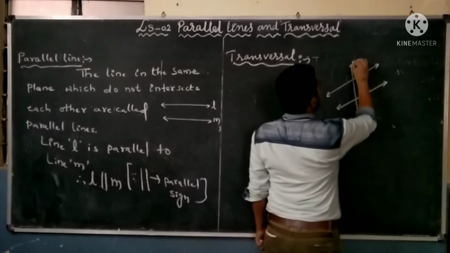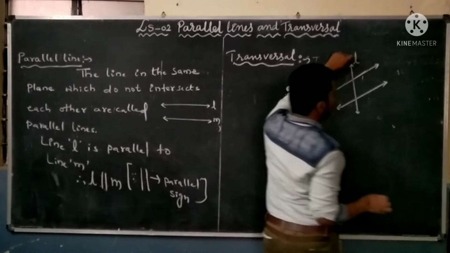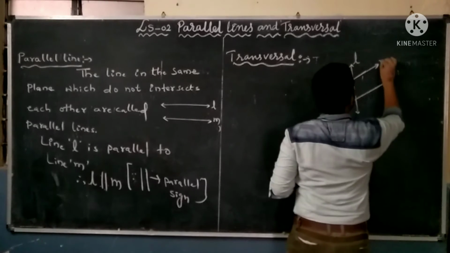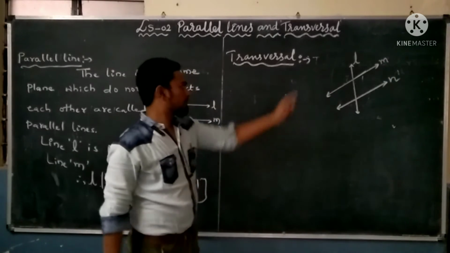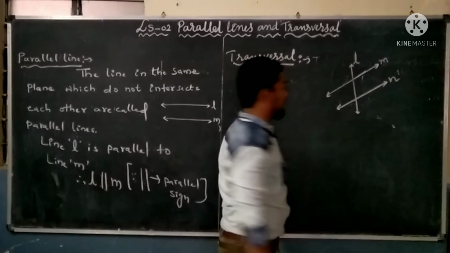Here, this line is considered as L, this line is considered as M, and this line is considered as N. Okay, what is a transversal?